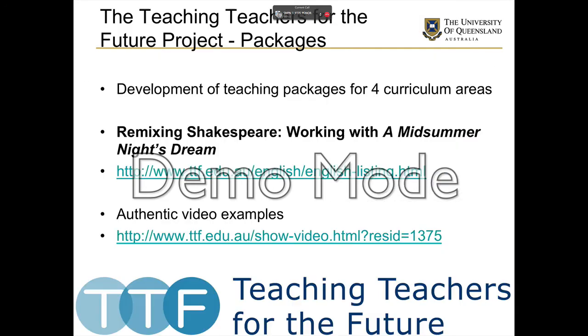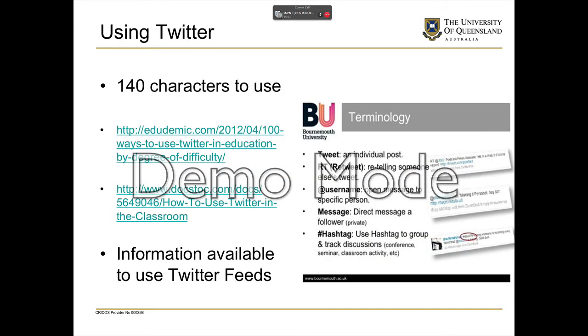So moving on past the Midsummer Night, remixing Shakespeare one, and just the next slide is about using Twitter, and again there's a couple of websites there, and they are just websites, but I'm conscious of the time. So again, you can go to those websites and have a look, but Twitter's just another tool.